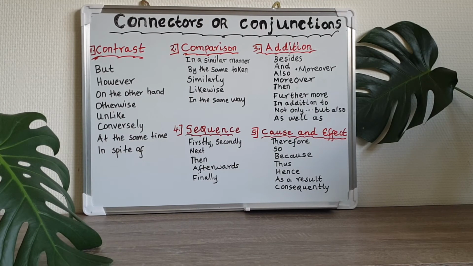So, in addition, he is not only hardworking, but he is also intelligent. The next one is and. We arrived late and then we called the taxi. We arrived late and then we called a taxi to bring us to the hotel.